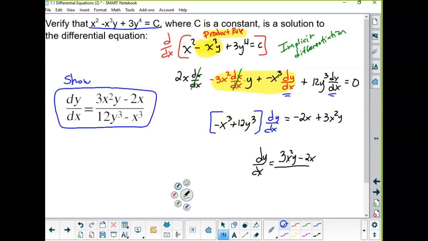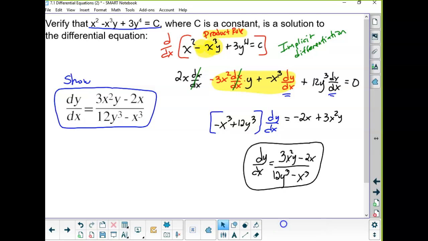So I just flip the order of these two, which is fine. And I'm going to divide, and I'm going to flip the order of those two just to make it look exactly like what I want it to look like. And we're done. So hopefully you remember doing that. Just kind of a quick review here.